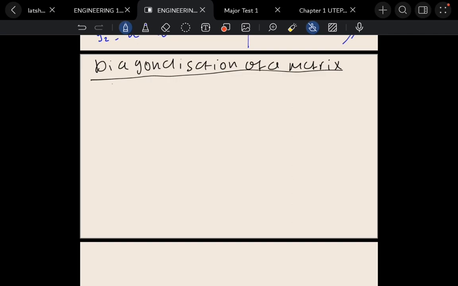Today we are looking at the diagonalization of a matrix.